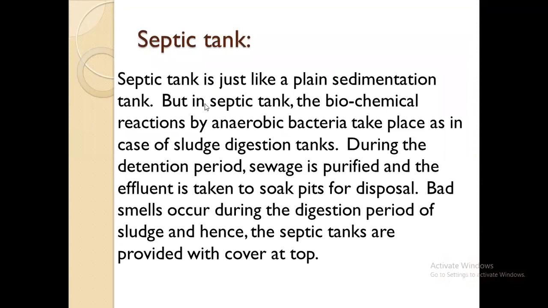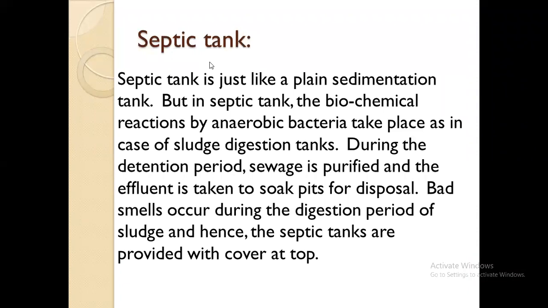Then the next point is the septic tank. Already I told you when we have to go for the provision of the septic tank.